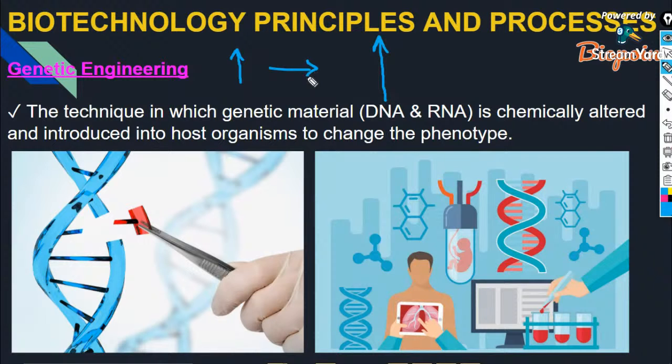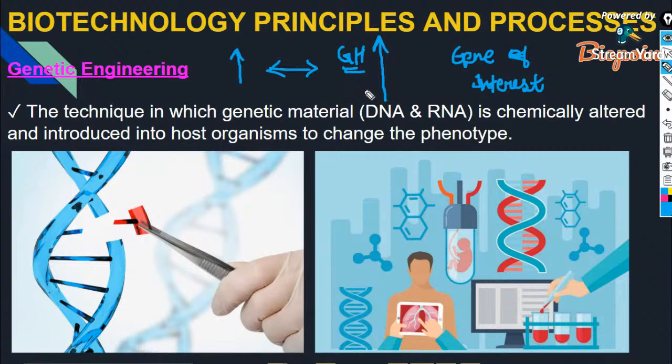For this, you require a particular gene of interest, a desired gene. What is the desired gene needed here to convert a short organism into a tall one? You need the desirable gene, growth hormone.